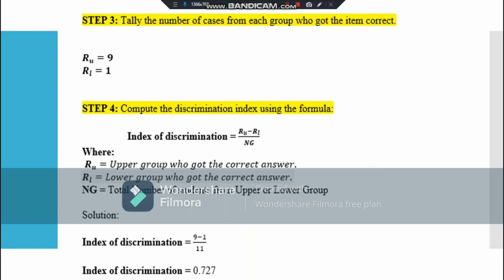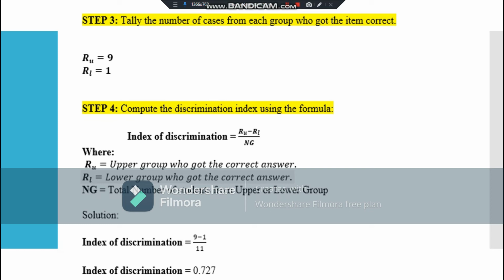NG is the total number of students from the upper or lower group. Since there are 11 students in the upper group, we can use that one or we can use the lower group.